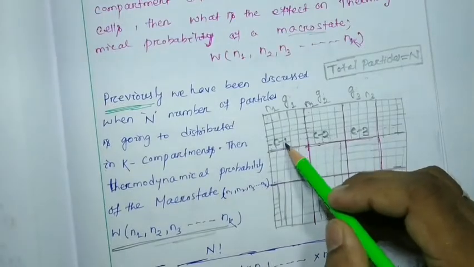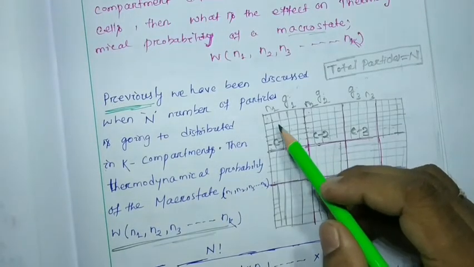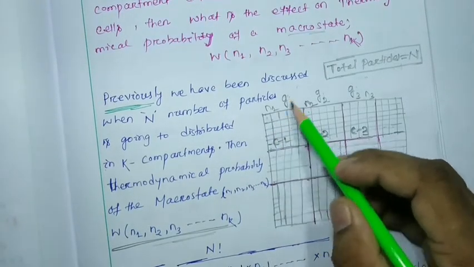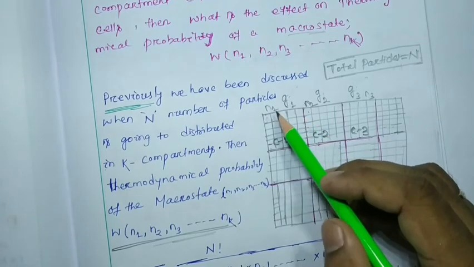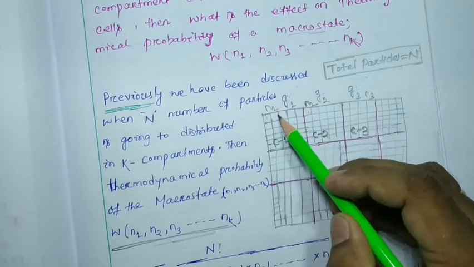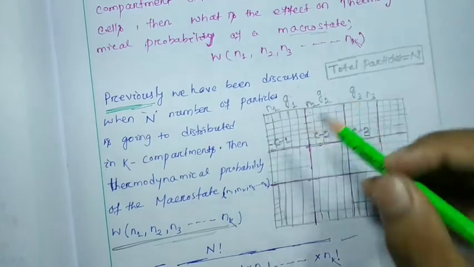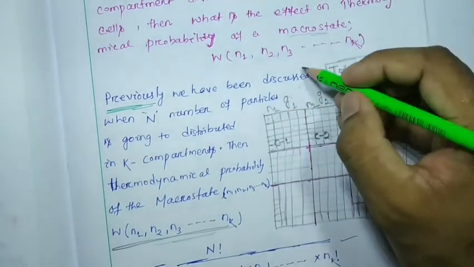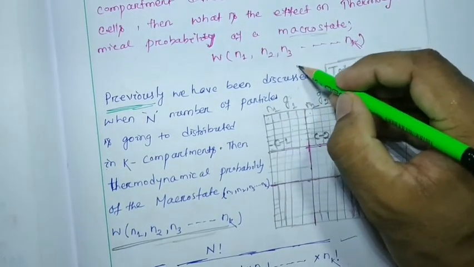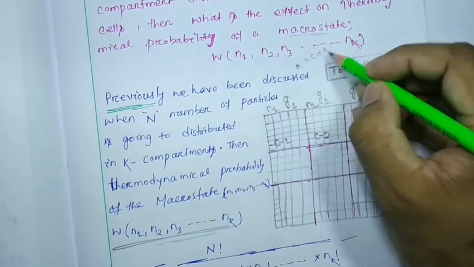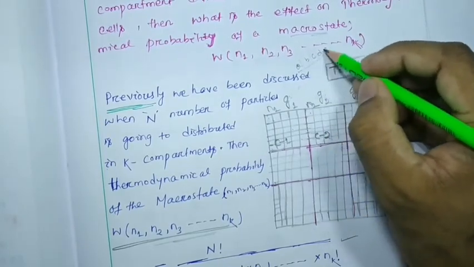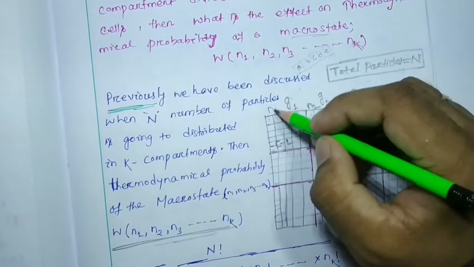In C1, how many cells are there? g1 cells. So among the n1 particles, suppose n1 is 5 particles: A, B, C, D, E. These 5 particles are what we call the n1 number of particles.